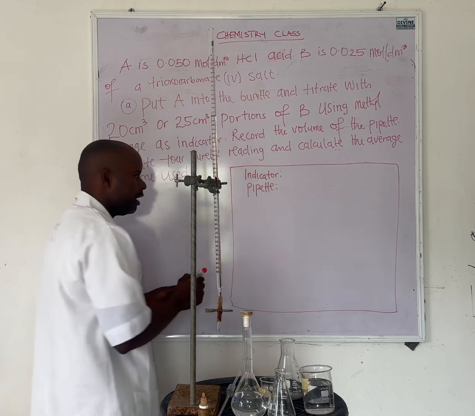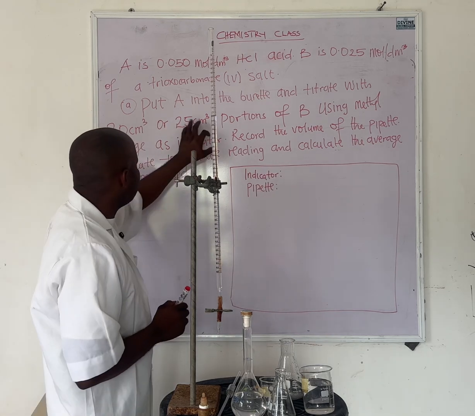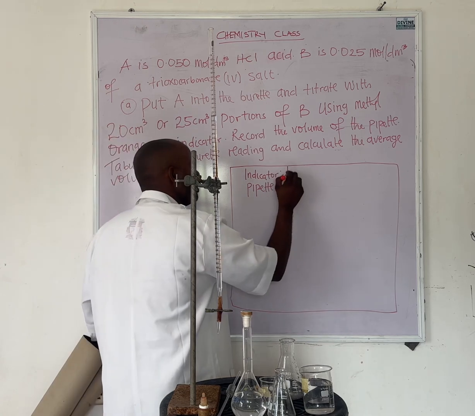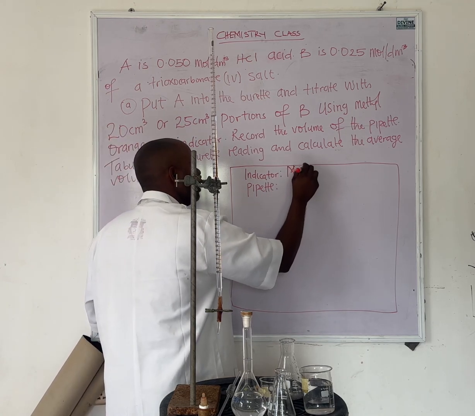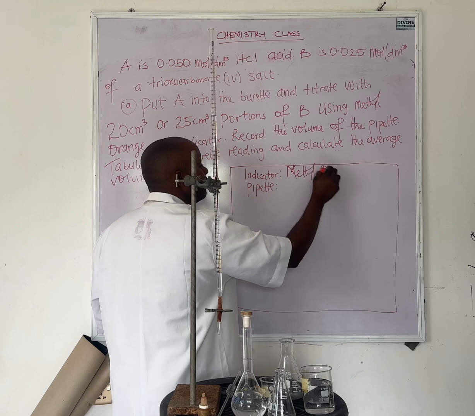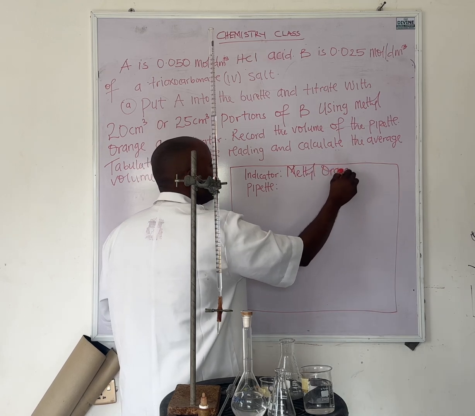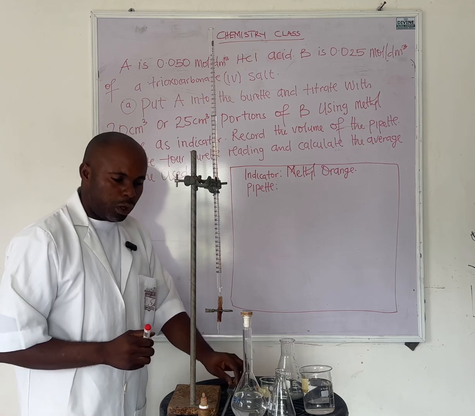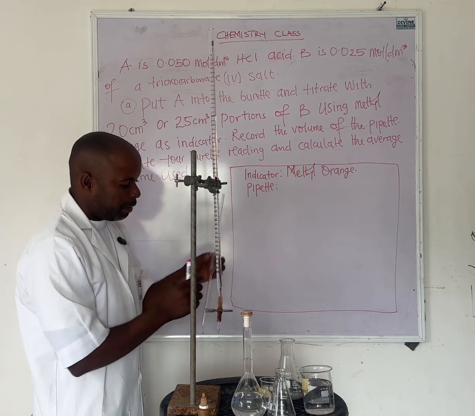If you check the question, the indicator we are going to use is methyl orange. You ought to write it very bold at the top of your table: methyl orange. For the pipette we are going to use, please ensure you know the volume of this pipette.